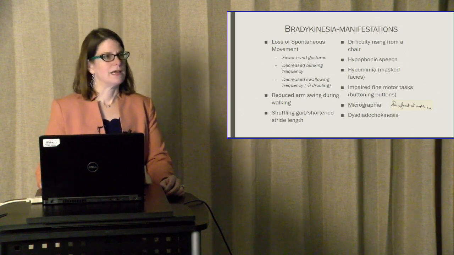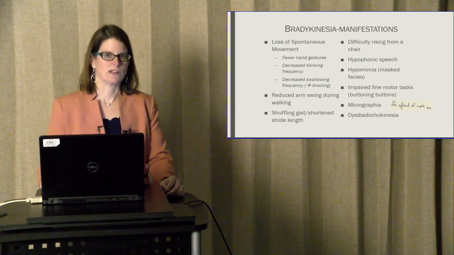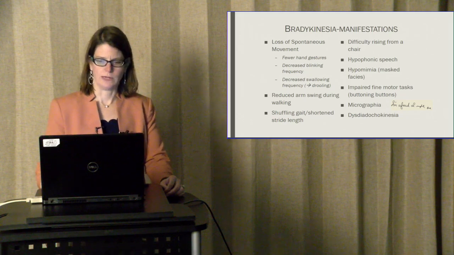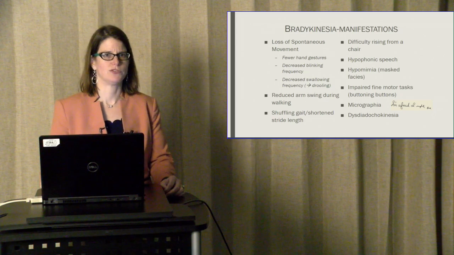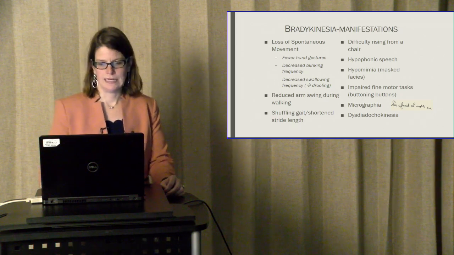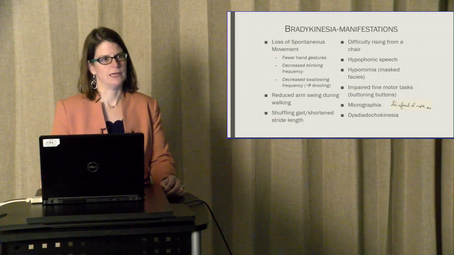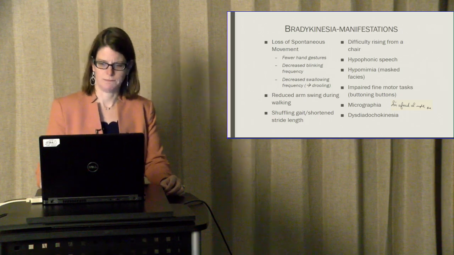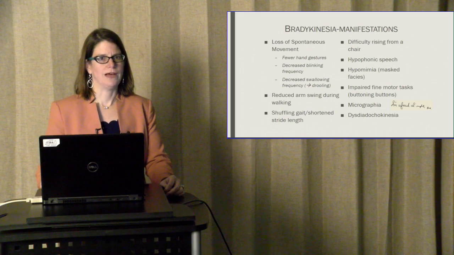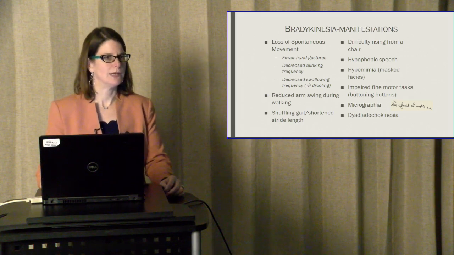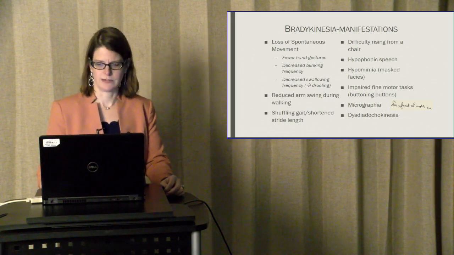There's difficulty getting up out of a chair. The proximal muscles tend to get a little bit weaker. The speech becomes more quiet over time, and it can become almost hoarse sounding. And then also the masked face that we talked about, so there's not a lot of facial expression. The bradykinesia leads to trouble with fine motor tasks, so there's trouble with buttoning buttons and other things that require some dexterity.